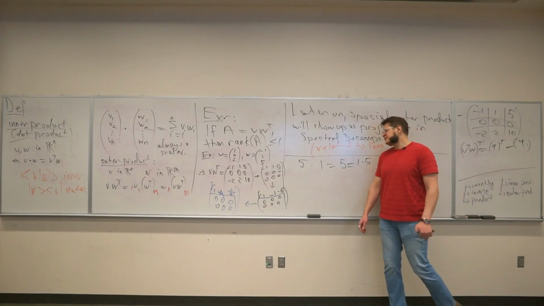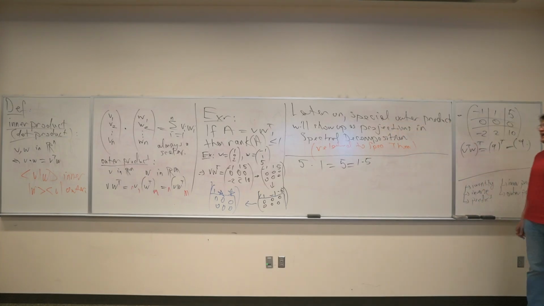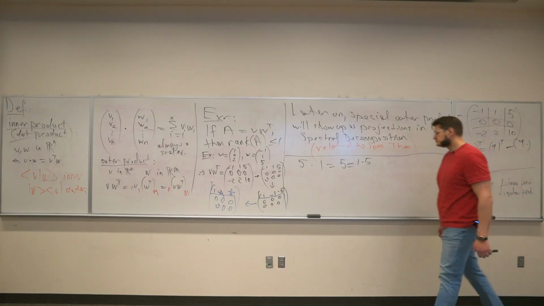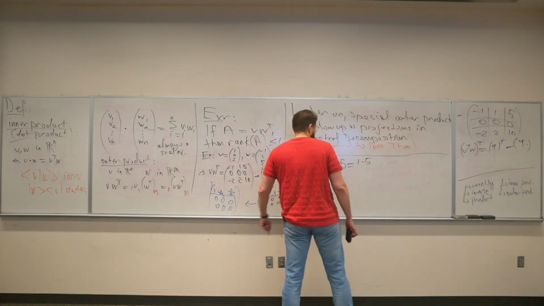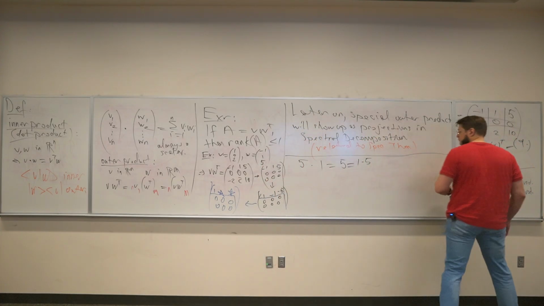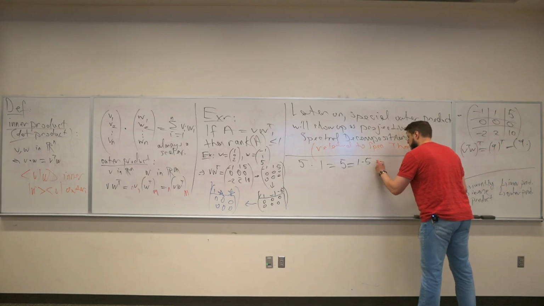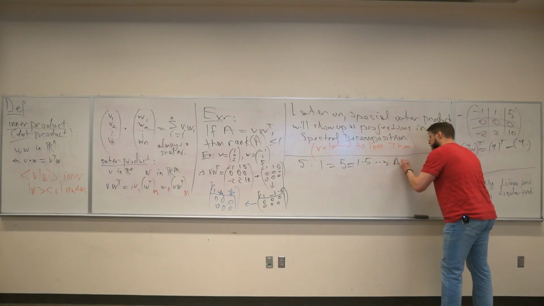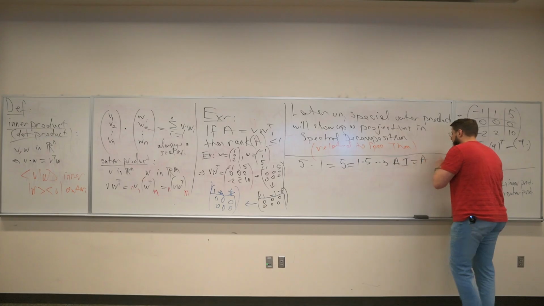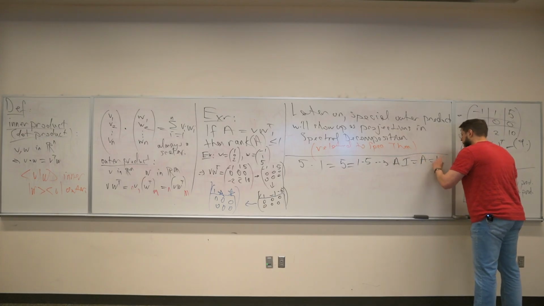You want to say something similar with matrix-matrix multiplication, at least for square matrices. And that corresponds to the identity. So AI equals A equals IA.